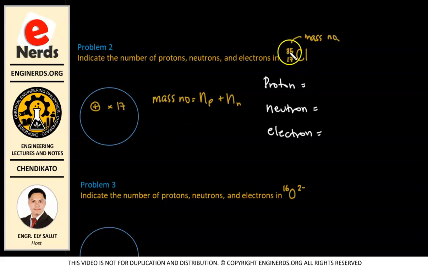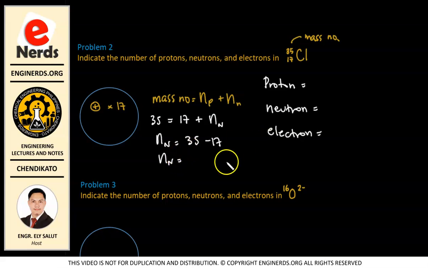So we know the mass number, which is 35. We have 35 equal to the number of protons, which is 17, plus the number of neutrons. So the number of neutrons is equal to 35 minus 17, which is equal to 18.